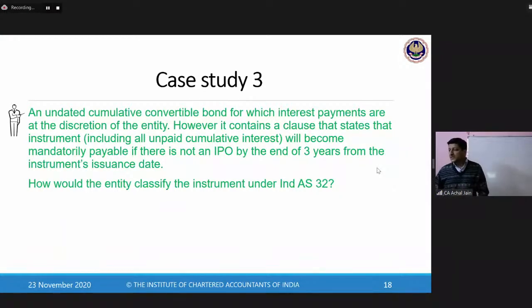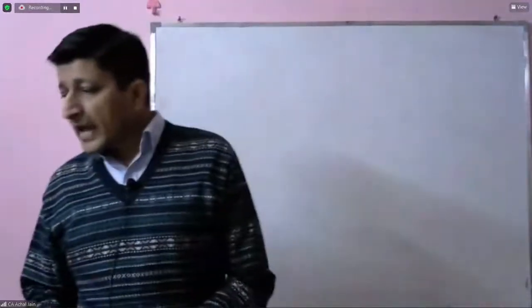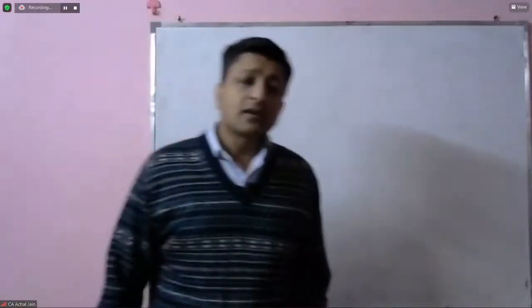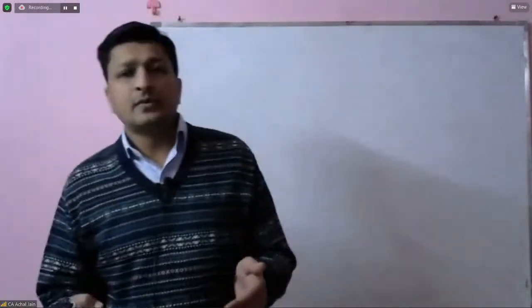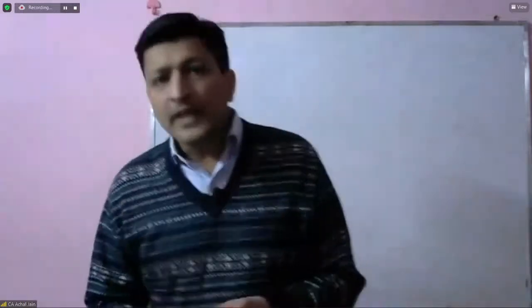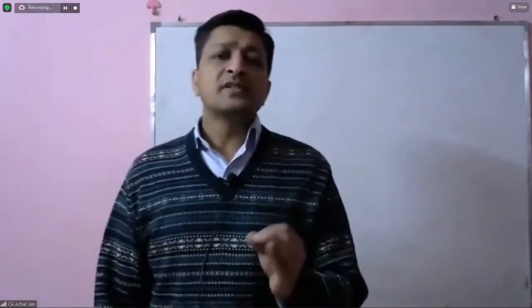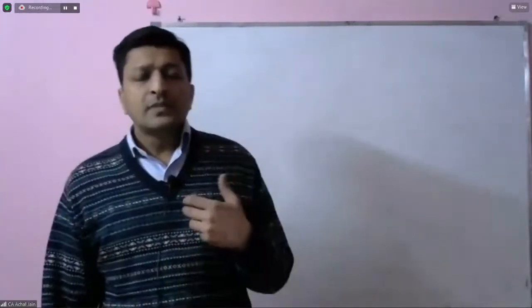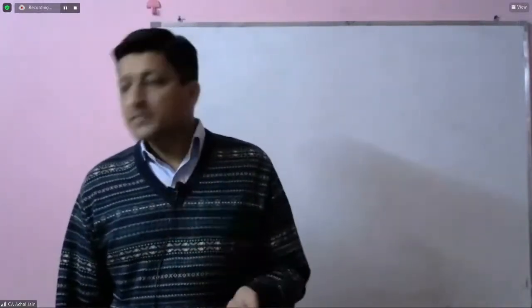So I think Pujita has answered this in a very different manner. Some of you might have understood the requirement of an IPO as an issuance of IPO. Whenever we talk about an IPO, it will always mean, unless specified, that the IPO becomes successful, that means the company gets listed.